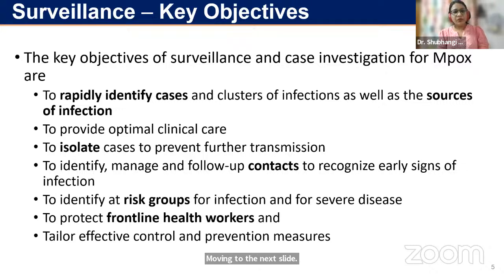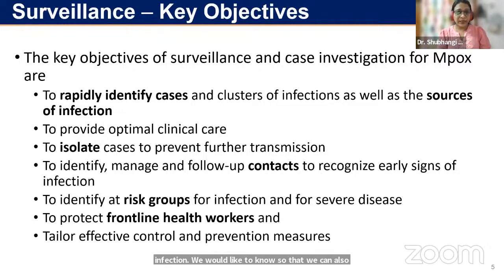Surveillance, what do we have? Again, we know these things; we've been doing this for a long time now. Why do we do surveillance? The key objectives are to rapidly identify cases, clusters of infection, and sources of infection, so that we can provide optimal clinical care in time.